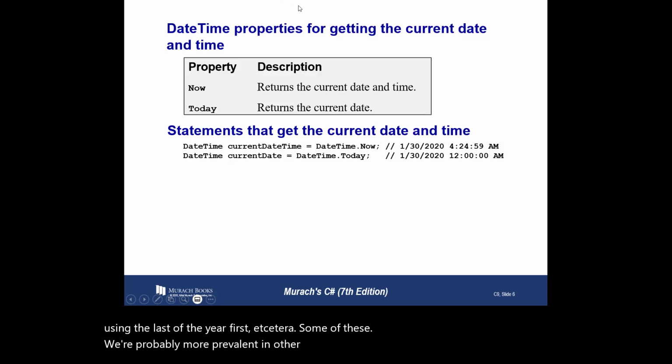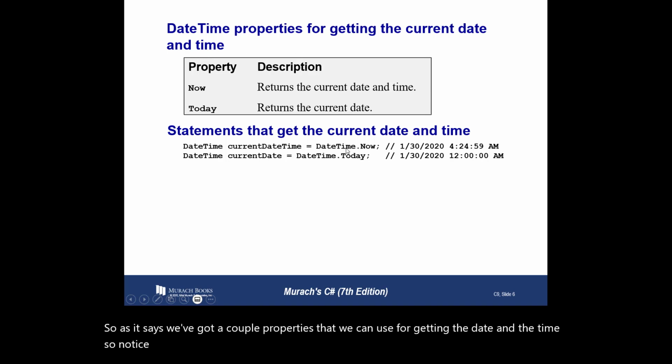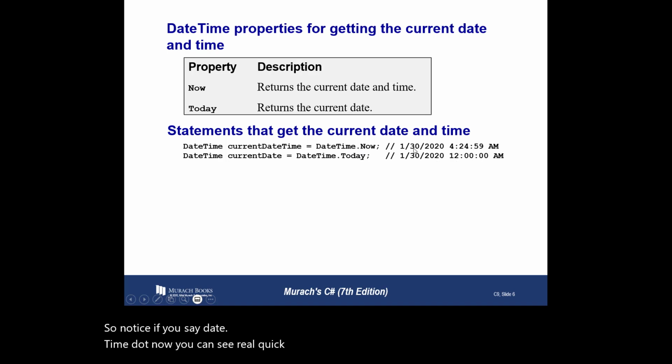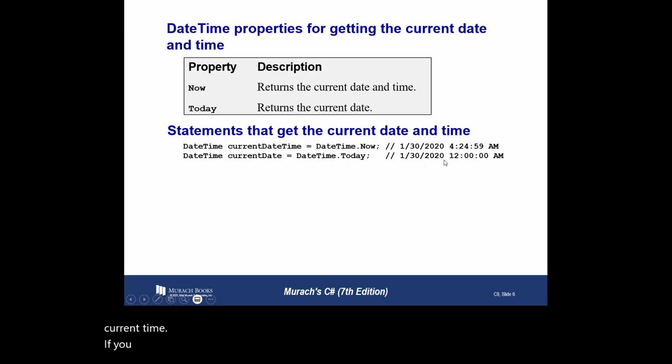As it says, we've got a couple of properties that we can use for getting the date and the time. So notice if you say DateTime.Now, you can see real quick what you get: the current date and the current time. If you just use Today, you get only the current date.